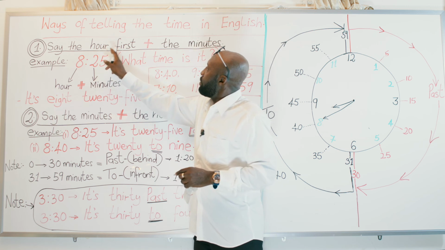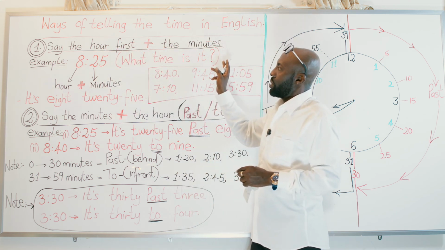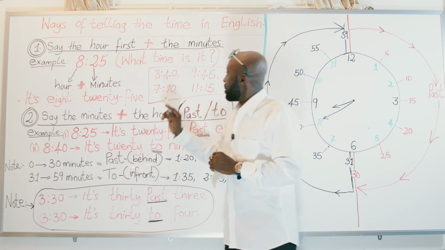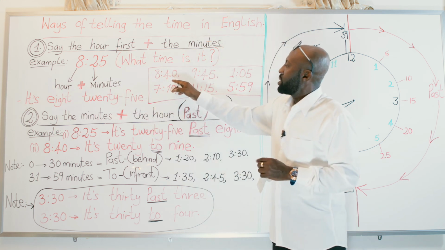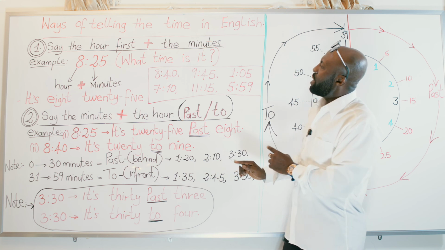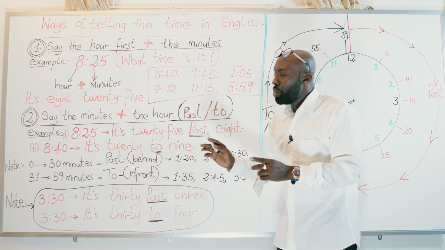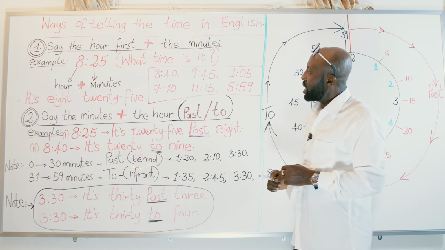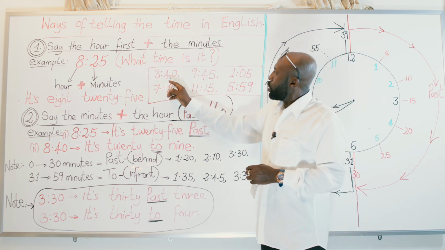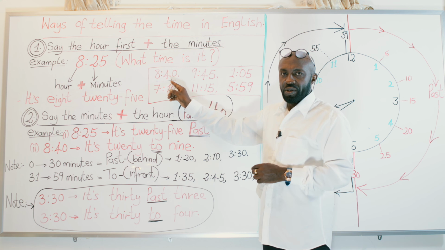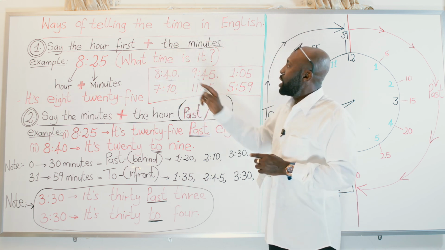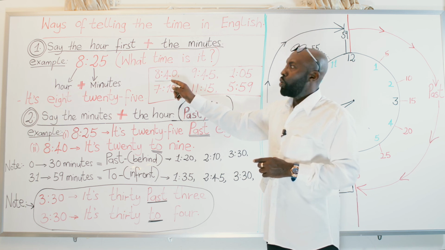Say the hour first plus the minute. 8:25, good. 8:40, good. But if you are supposed to say the minutes first before the hour, you are going to say 20 minutes to 9 o'clock, which means if you add 20 minutes to 40, you're going to get to 9.